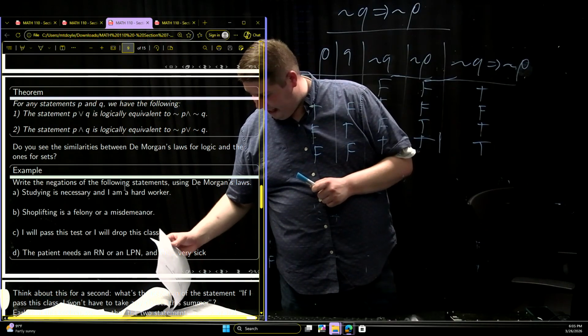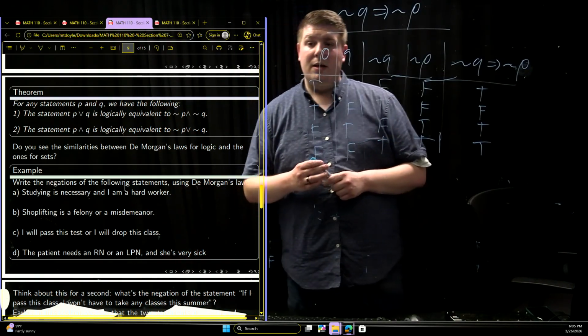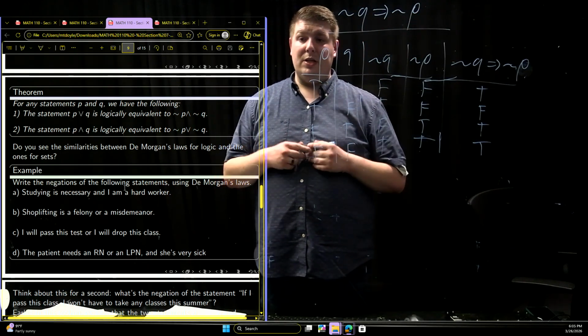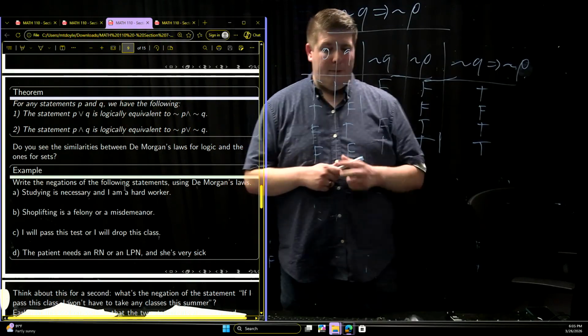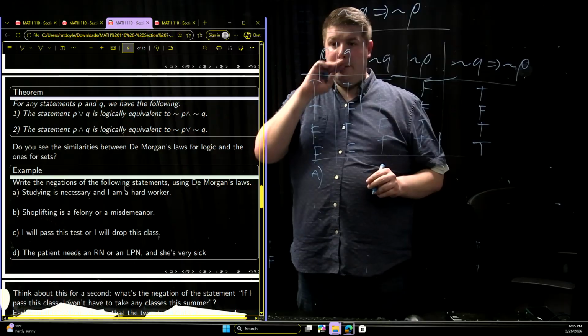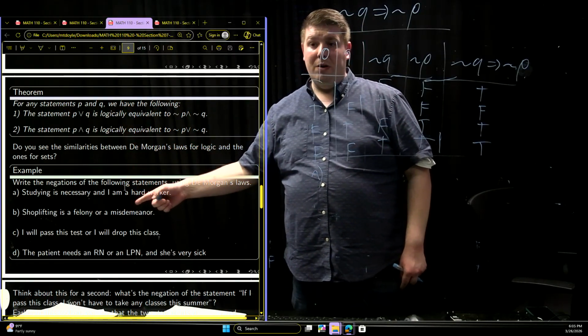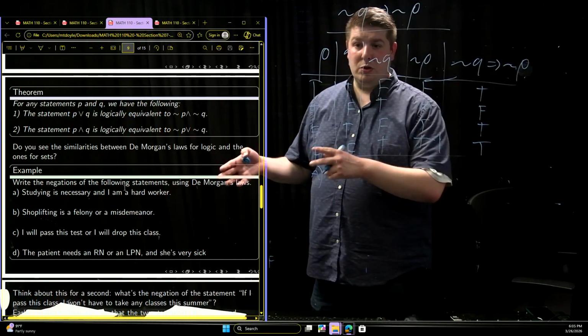So we want to be able to negate some statements. Write the negations of the following statement using De Morgan's laws. Studying is necessary and I am a hard worker. Well, this is P and Q, right? So there's an and in there.